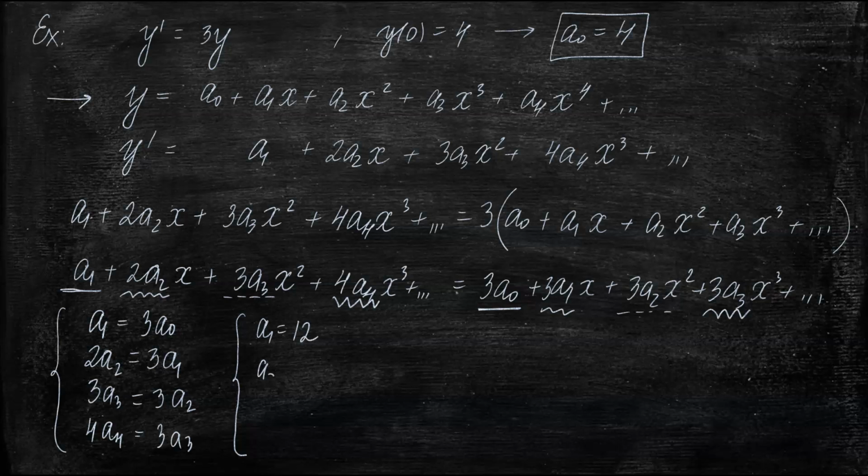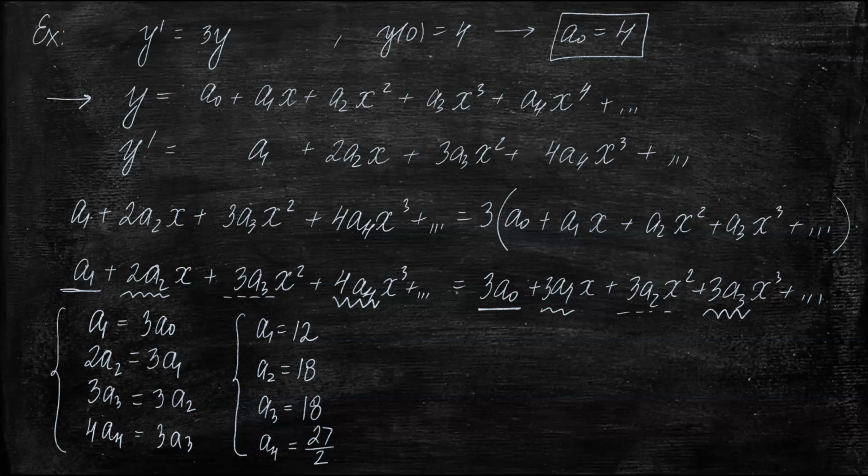Well, if a1 is equal to 12, then a2, remember we're going to have to divide both sides by 2 there, so it's going to be 18, and then a3 will be equal to a2, and then a4 will be the 3 quarters of that, so it's going to be 3 times 18, 27 over 2, so it looks like 27 over 2. So again, we can write as many of these terms as we need. We're just going to have to consider more of them at the beginning.